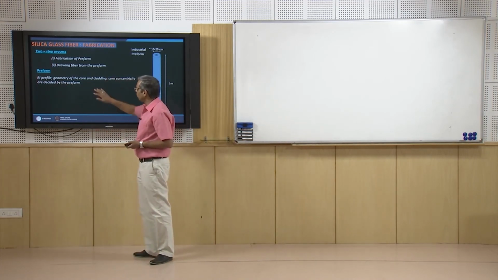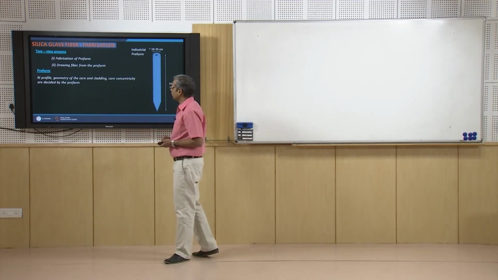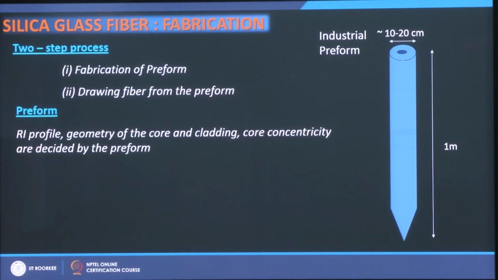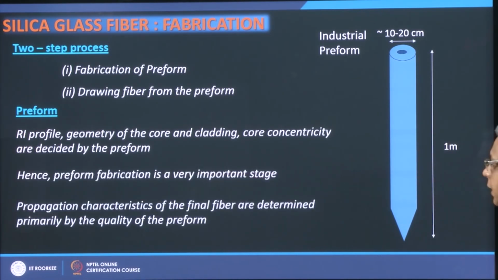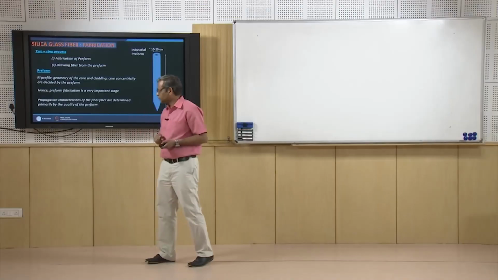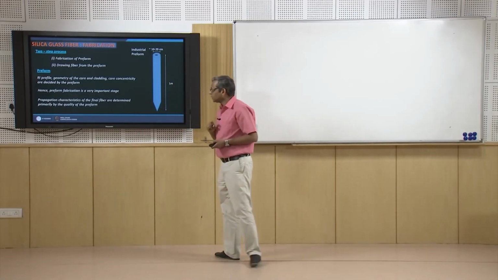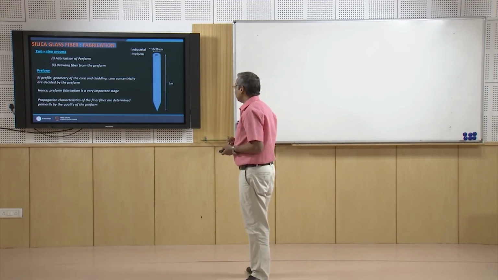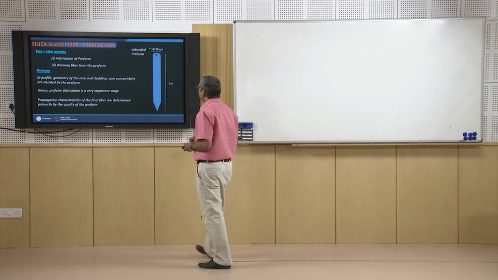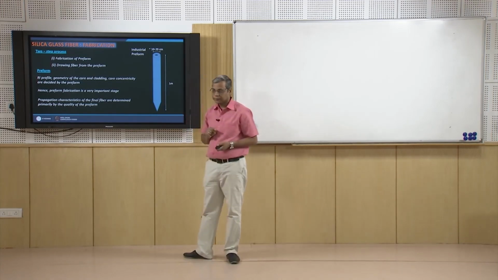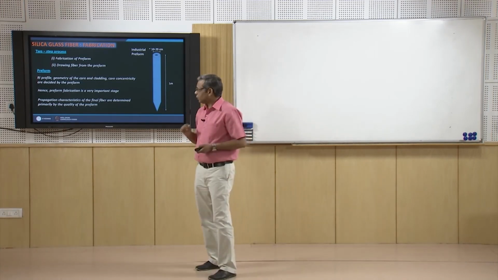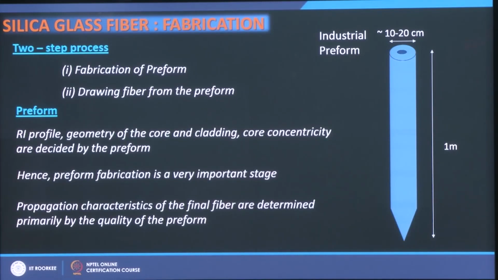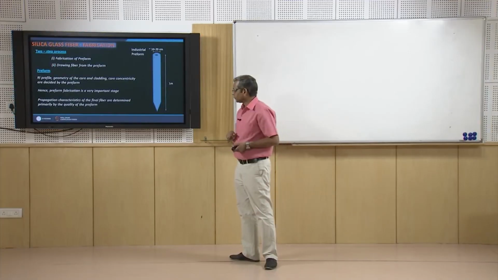So this is how glass and doped glass can be made. What you do, you take SiCl4 and oxidize it at a certain temperature, then you make silica glass. If you want to make doped glass, then along with SiCl4 you mix a little bit of germanium also in the form of GeCl4 and then oxidize it.